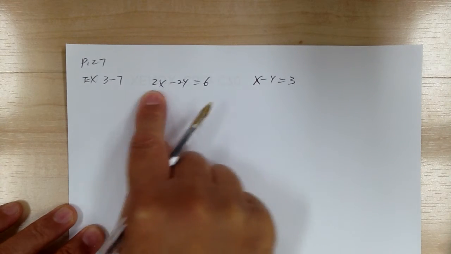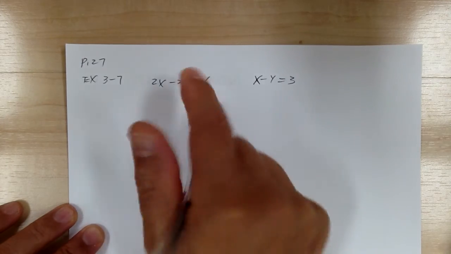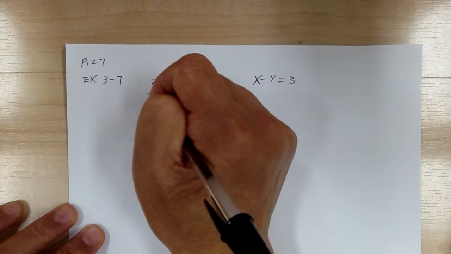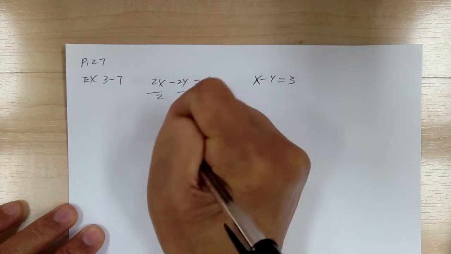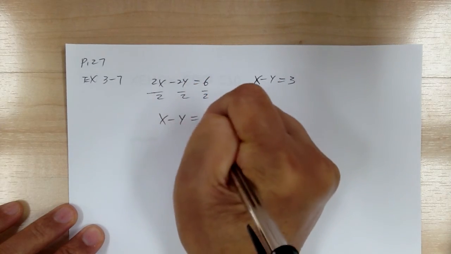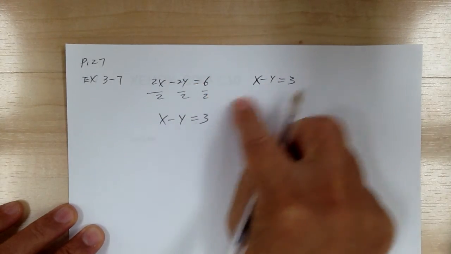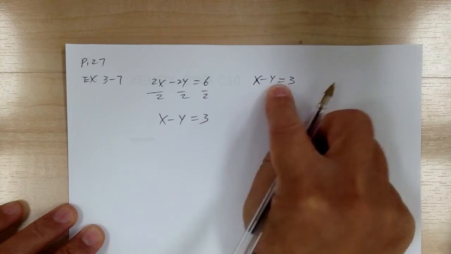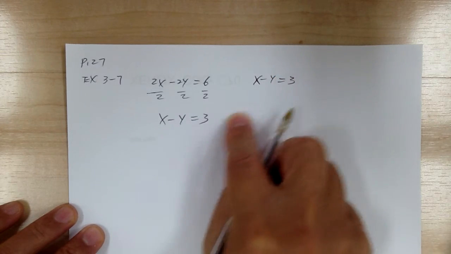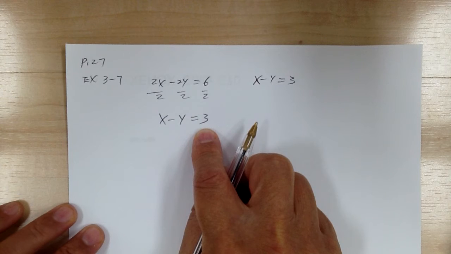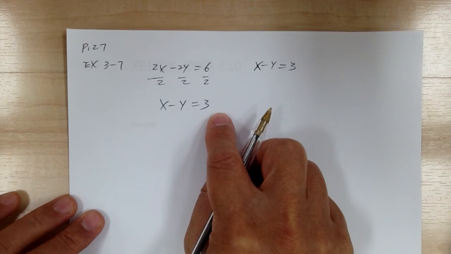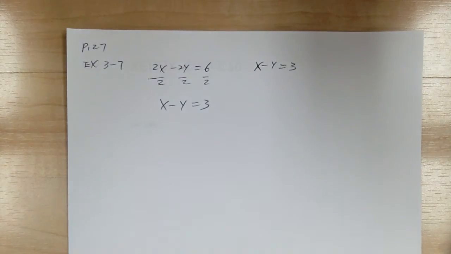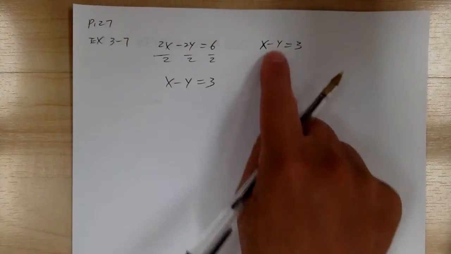So let's divide by 2 to lower the number. So I got x minus y equal to 3. Now notice you got two identical equations, so that means you're not going to be able to solve. Okay, so you have an infinite number of answers. So they are dependent.